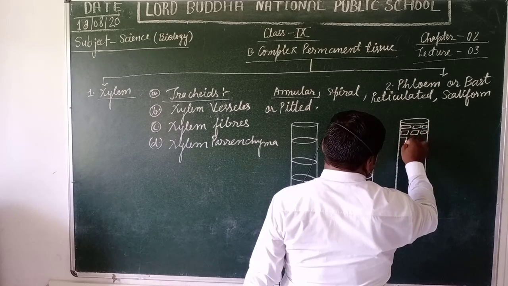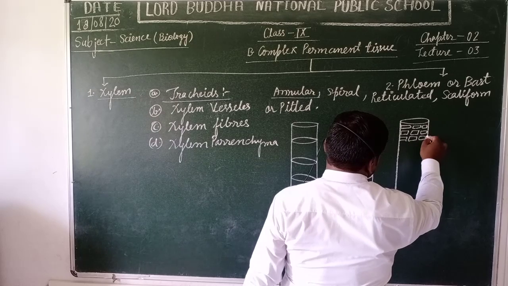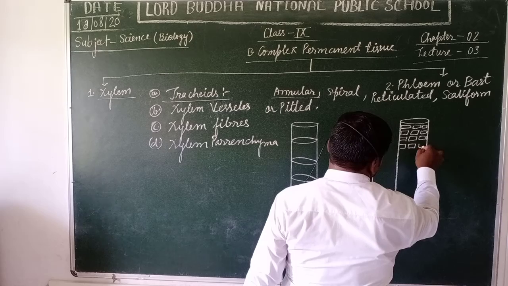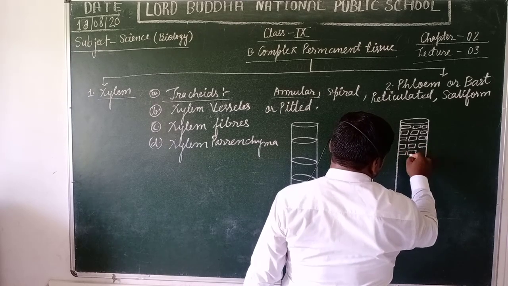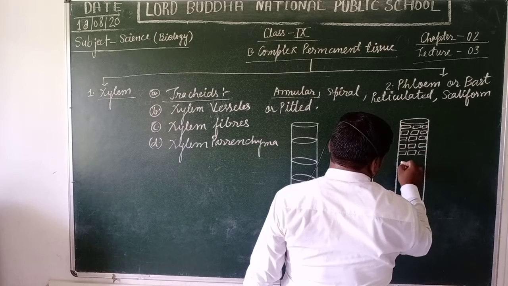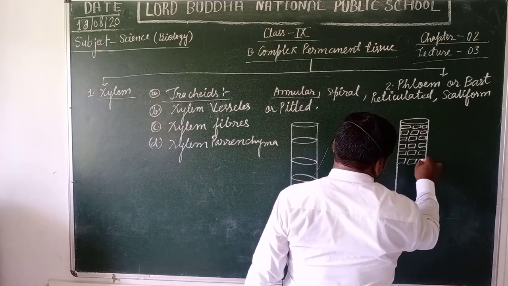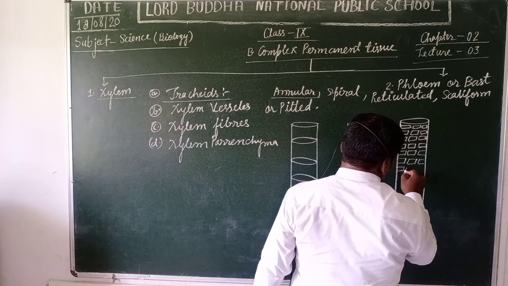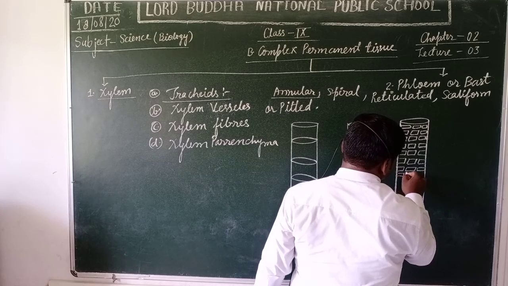They bear many square or rectangular shaped perforations that allow the passage of water and fluid content from one region to another. These are mainly found in angiospermic plants. These are the reticulated types of tracheids.